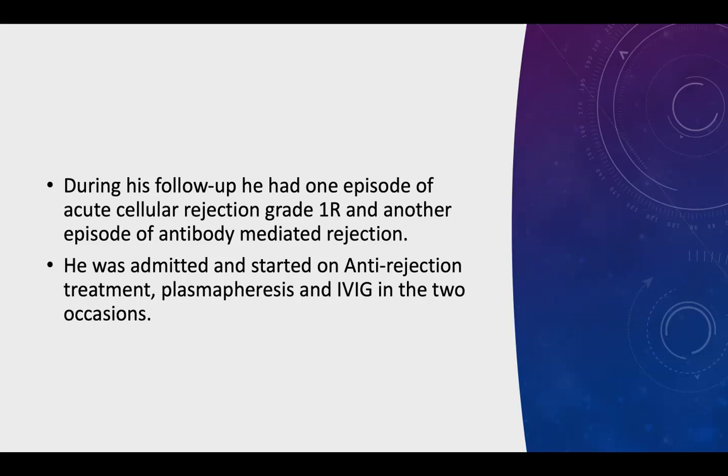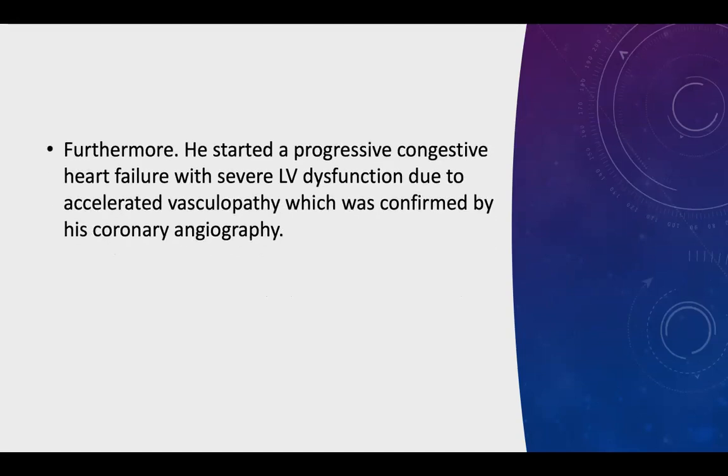So he got on the anti-rejection treatment plus the IVIG and plasmapheresis and repeating the same therapy. Further medication, ACE inhibitors, beta blockers, diuresis started. However, he further developed deterioration of his LV function, and he was found by the coronary angio to have a thickened intimal wall in the coronaries caused by immunovasculopathy.